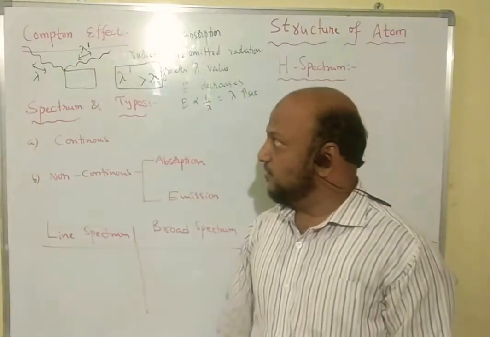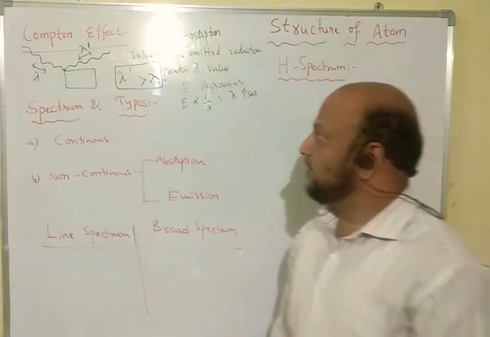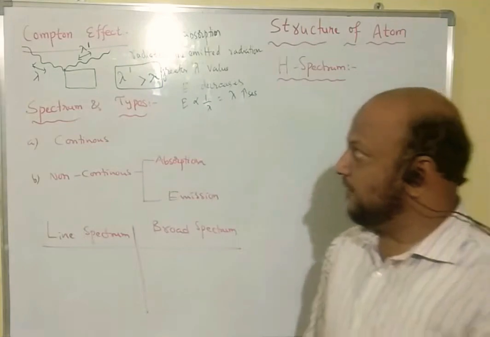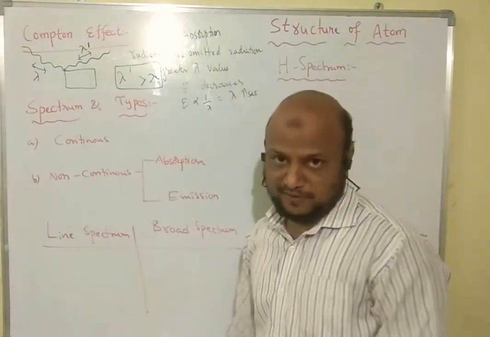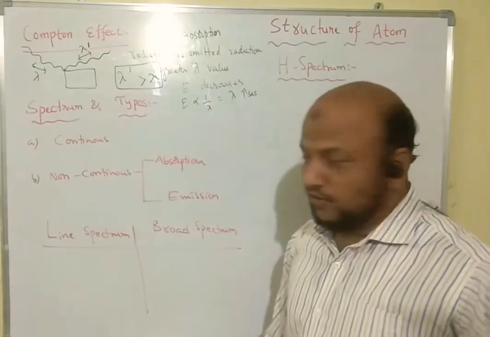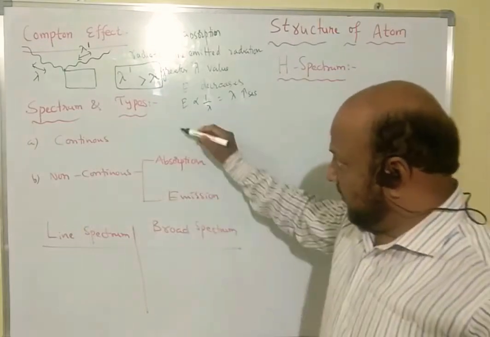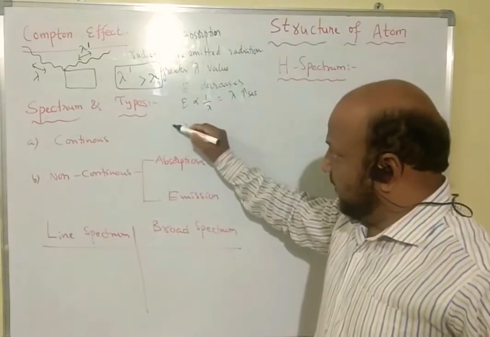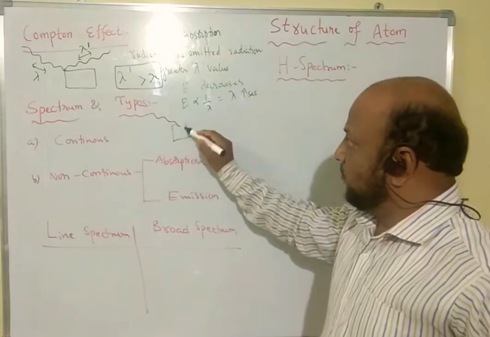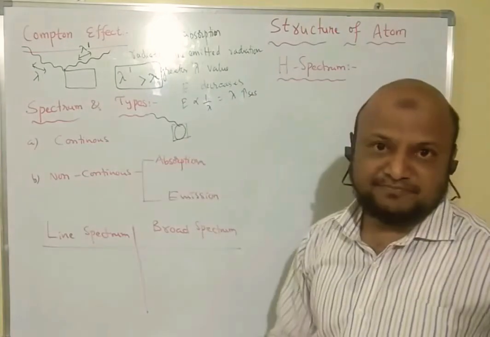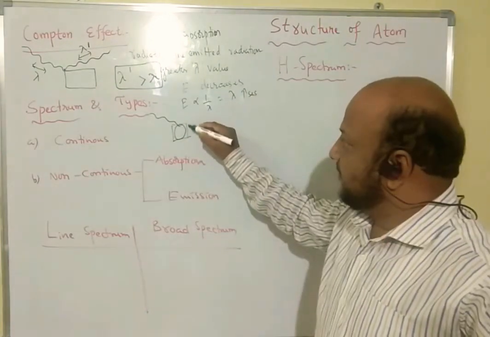Then we can discuss the spectrum topic, what a spectrum is and what the types of different spectrums are. If any incident light falls on a compound, it will absorb some radiation and some will be emitted.